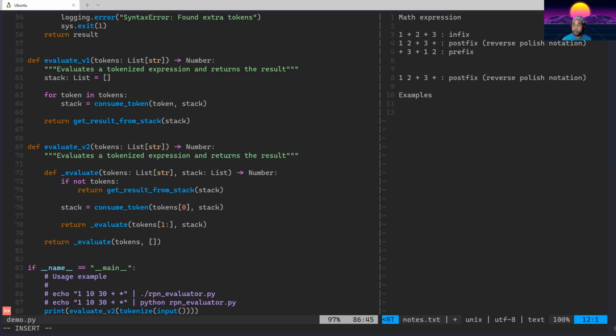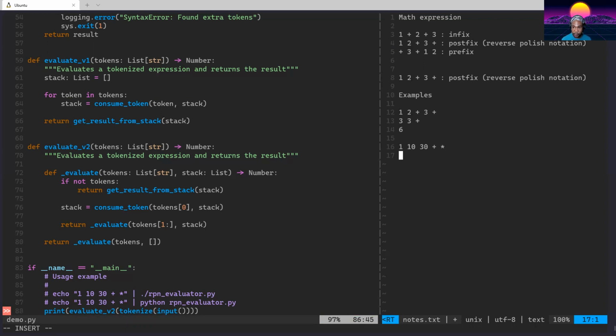We already saw where we have 1, 2, and 3. This gets reduced to 1 plus 2, and that becomes 3 plus 3, and then that becomes 6. Okay, let's do what we have in our usage example over here. We have 1, 10, 30, plus and multiplication.